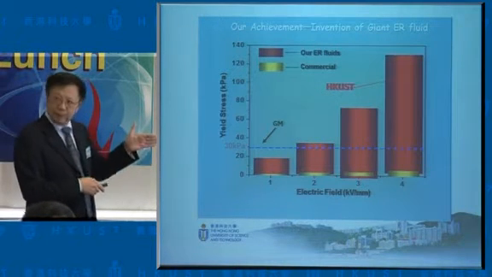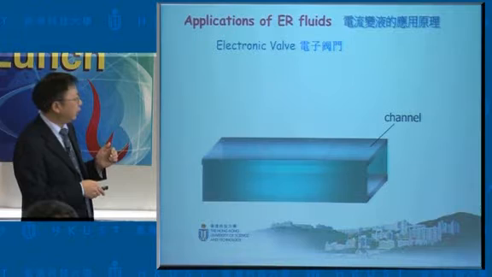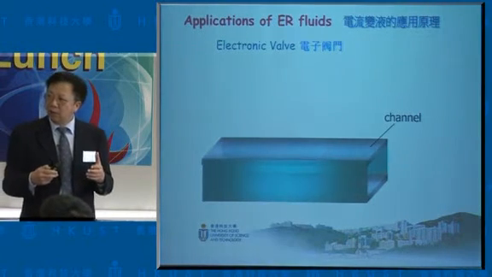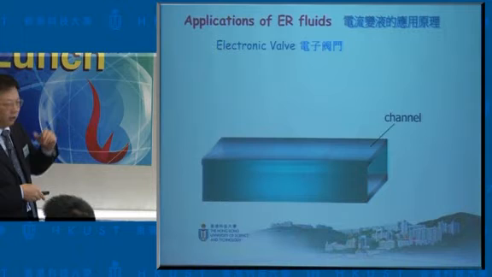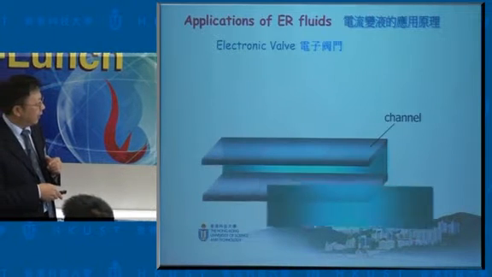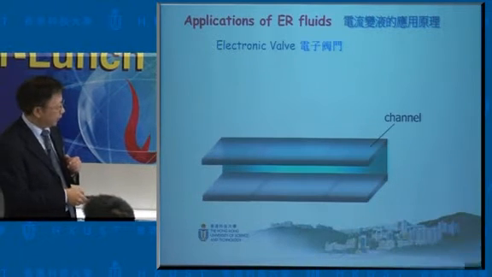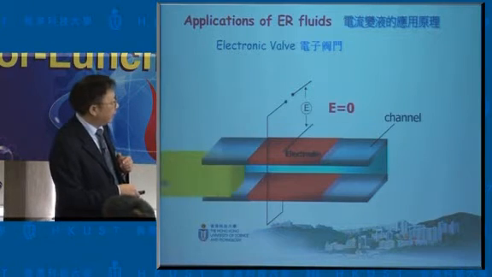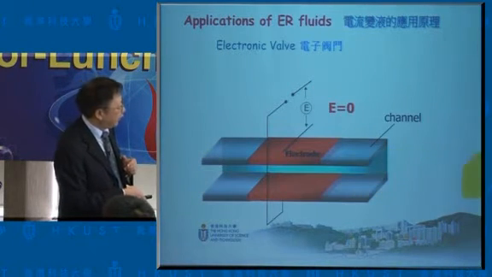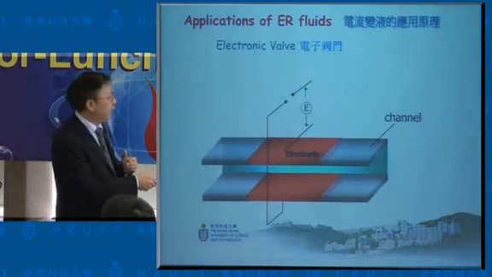So using these materials, we try to explain how to use them. You can see here, it's a channel. Suppose it's a channel, and we just insert the electrode in the channel. The ER fluid can go through this channel freely. Why? Because there is no electric field.